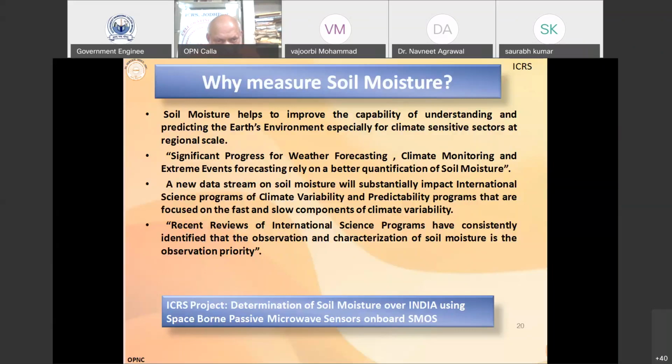Then a new data stream on soil moisture is needed, again because of climate variability. The soil moisture parameter is even required by the international community. Recent reviews of the science program have consistently identified that the observation and characterization of soil moisture is an observation priority. And in India also, soil moisture as a parameter is used in the model for weather forecasting.